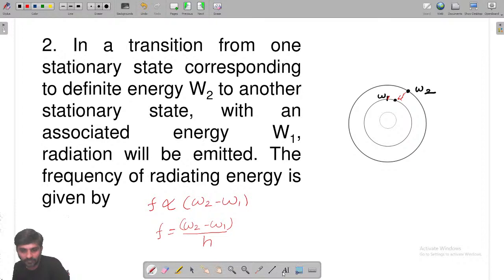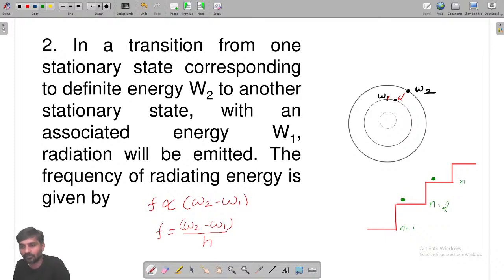What does it mean, sir? Very simple, you see here. Assume this is n is equal to 1, n is equal to 2.